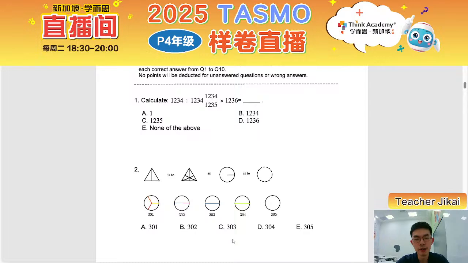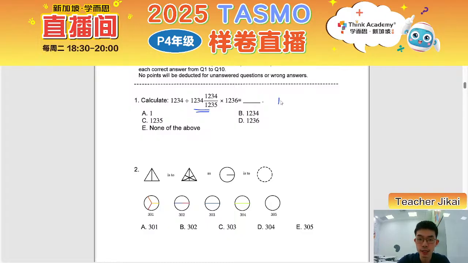So the first question is about calculation, right? We want to calculate 1234 divided by 1234 and 1234 over 1235 times 1236. First, we make this mixed fraction into an improper fraction so that it will be easy for us to do the calculation.